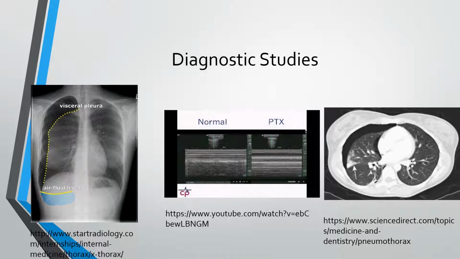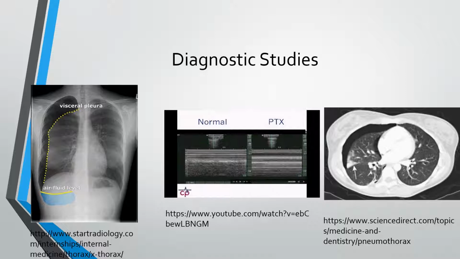Identifying a pneumothorax on chest x-ray is dependent upon seeing a pleural line. More recently, ultrasound has emerged as a valuable point of care imaging modality that has an impressive 87% sensitivity and 99% specificity.